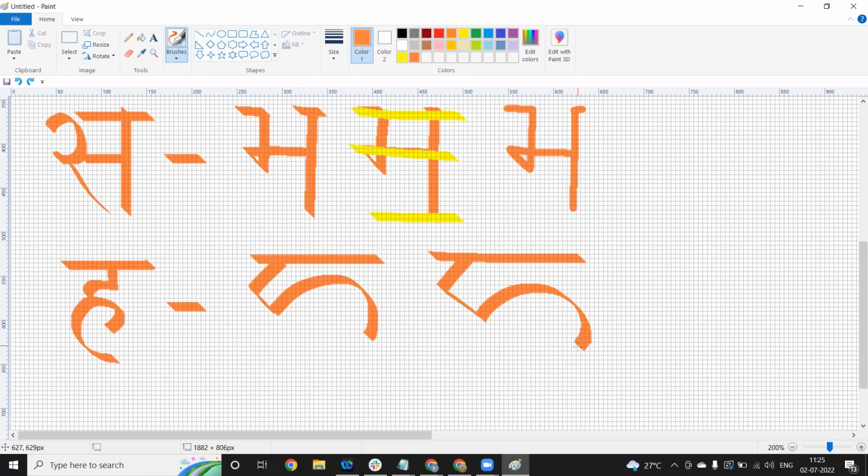You can curl it a little bit here, that's all right, but make sure that you have enough gap here. This is how.